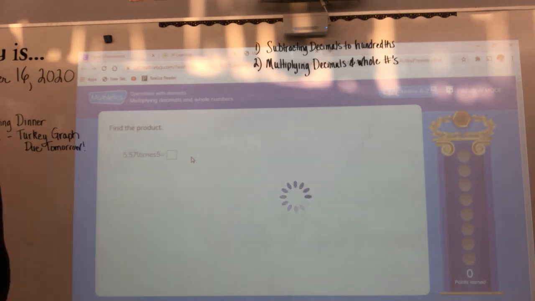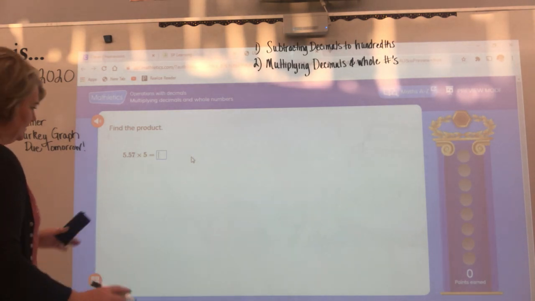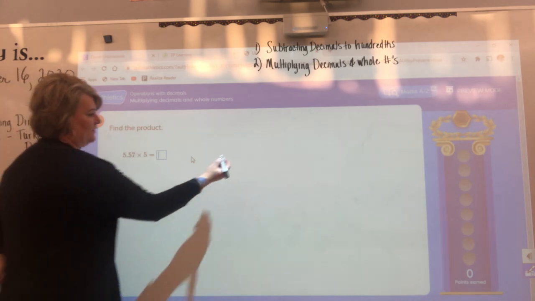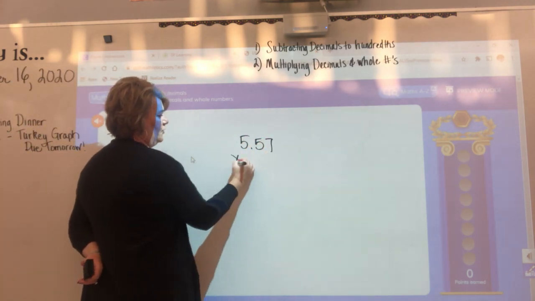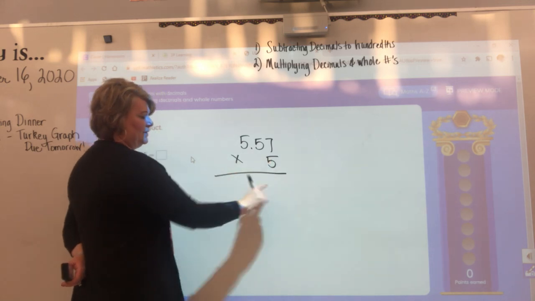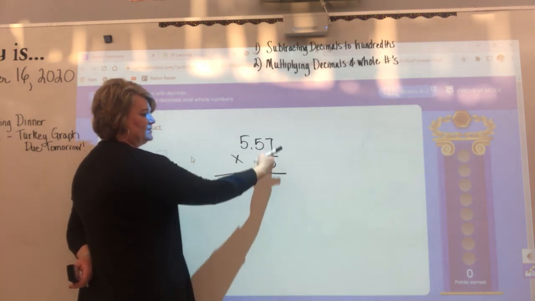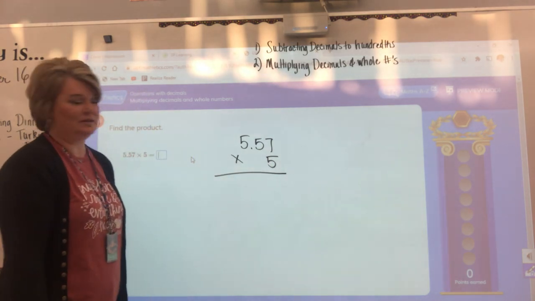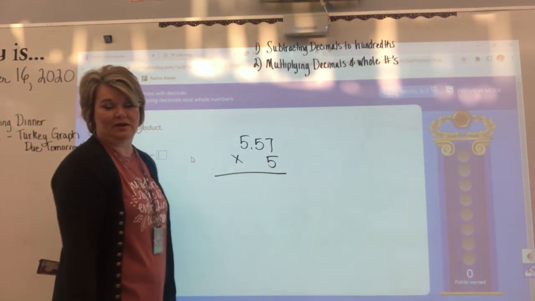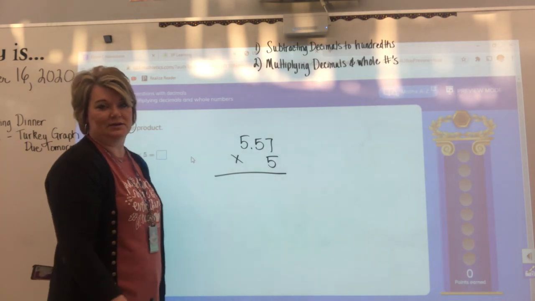You don't line your decimals up in multiplication. You'd line your digits up. So 5.57 times 5 would look just like that. Because this only has 1 digit, so it's going to go under this digit on the top number. Don't worry about the fact that this doesn't have a decimal. That's perfectly fine. This is multiplying decimals.